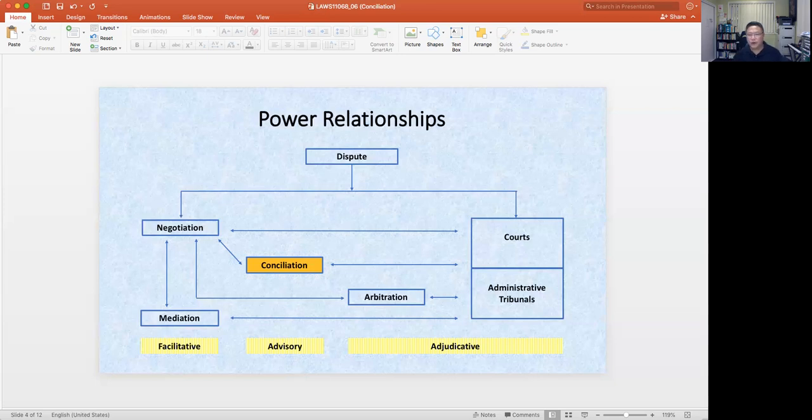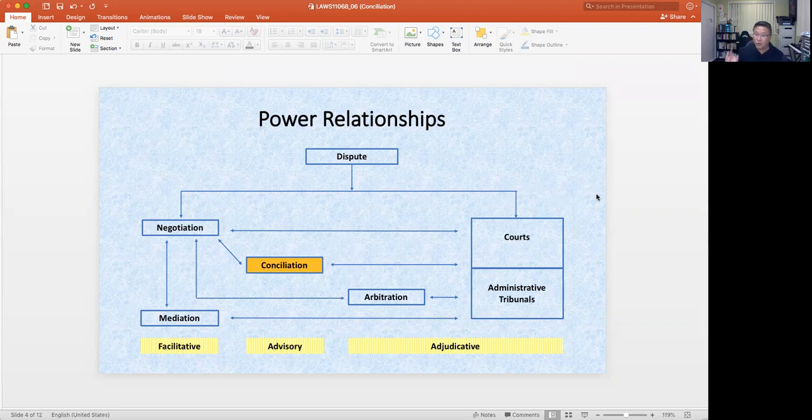As I will show later on, what the courts are doing would actually be two-pronged. One, by shifting the task of reaching an outcome through a conciliator, then the courts are trying to minimize the backlog, or the administrative tribunals are trying to minimize the backlog in the cases that they're dealing with.